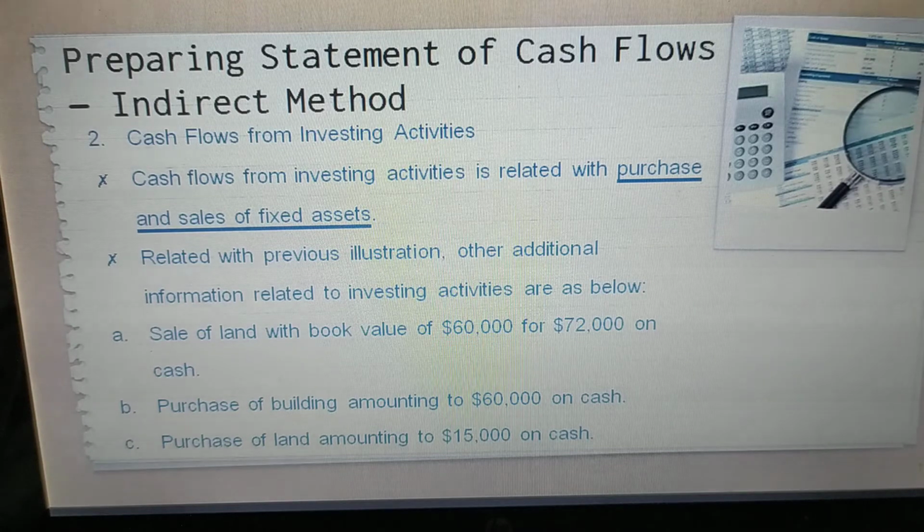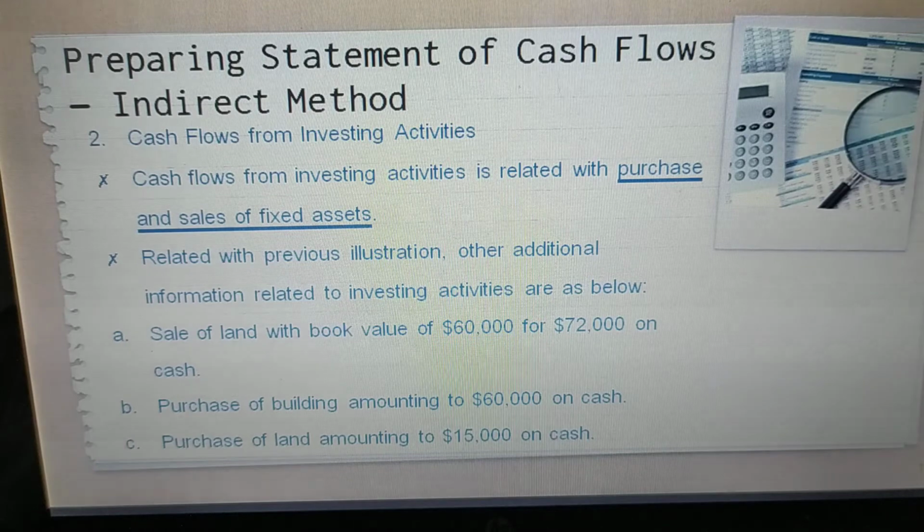A, the sale of land with book value 60,000 for 72,000 in cash, and then B, purchase of building amounting to $60,000 in cash, and then C, purchase of land amounting to $15,000 in cash. Please remember, when you get the additional information for investing activities and also later on the financing activities, it must be stated with cash.